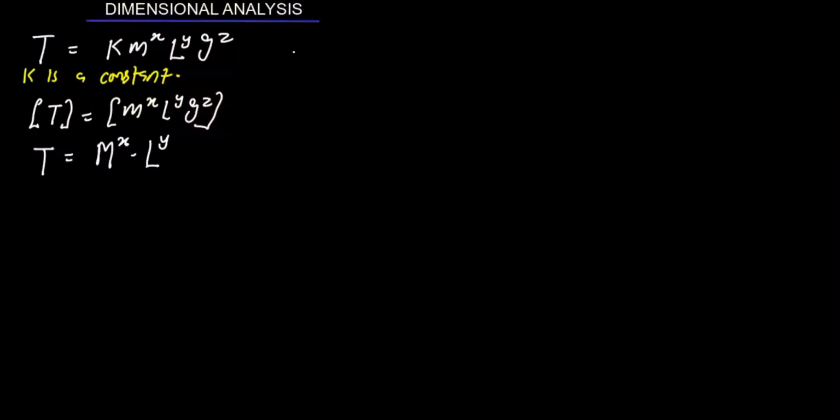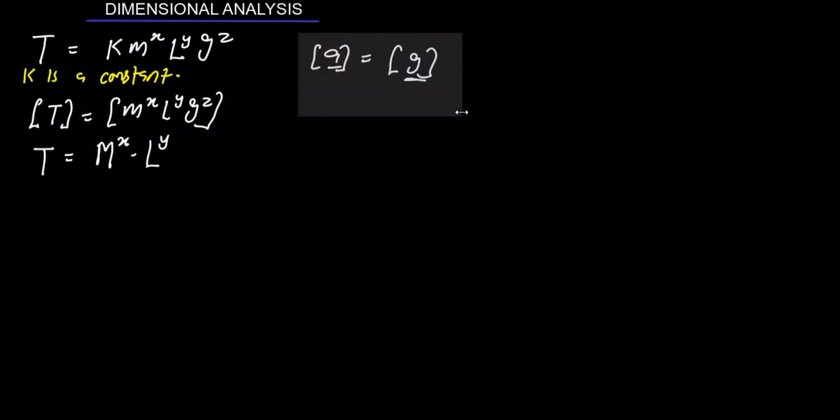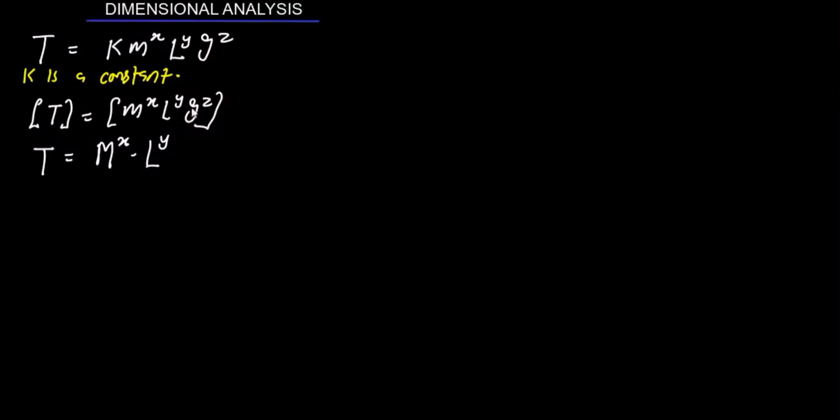Remember that previously I derived the dimension of acceleration A. The dimension of A is the same as the dimension of acceleration due to gravity. The difference is that A is acceleration, while G is acceleration due to gravity, so it will have the same dimension as acceleration.